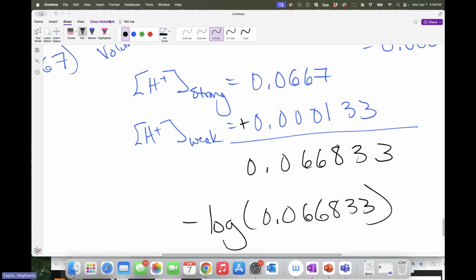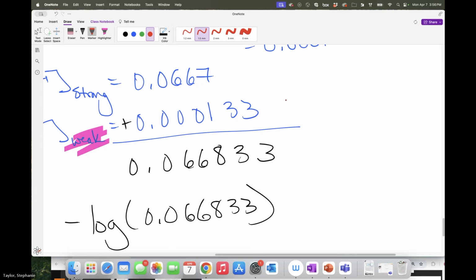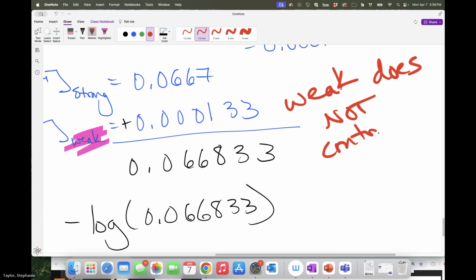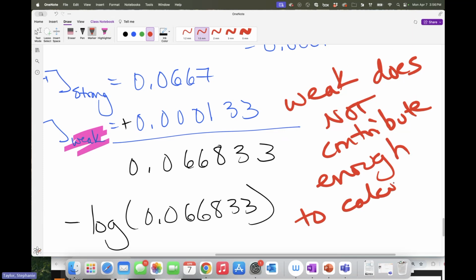The weak species does not contribute enough to bother calculating.